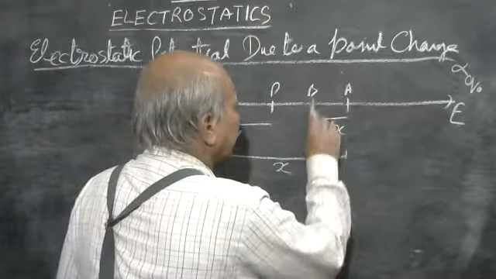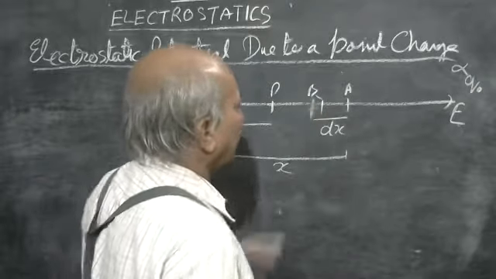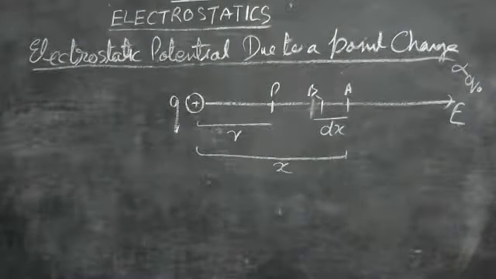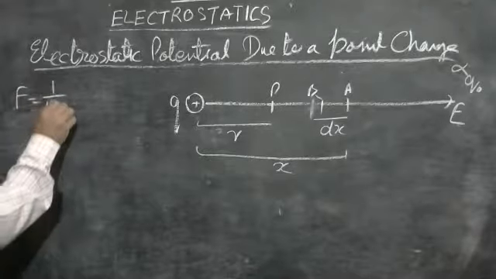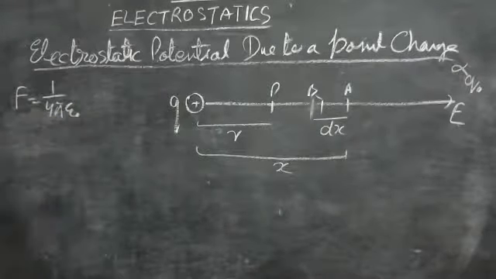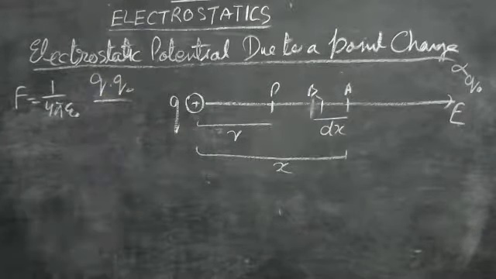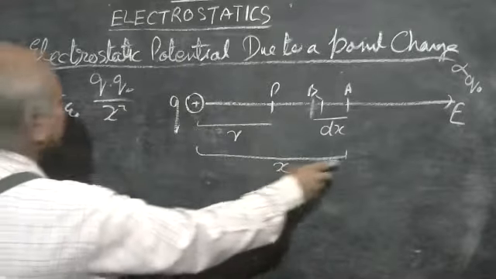Bringing this, now dx. Force is equal to 1 upon 4 pi epsilon naught Q into Q naught upon X square. This is the distance.